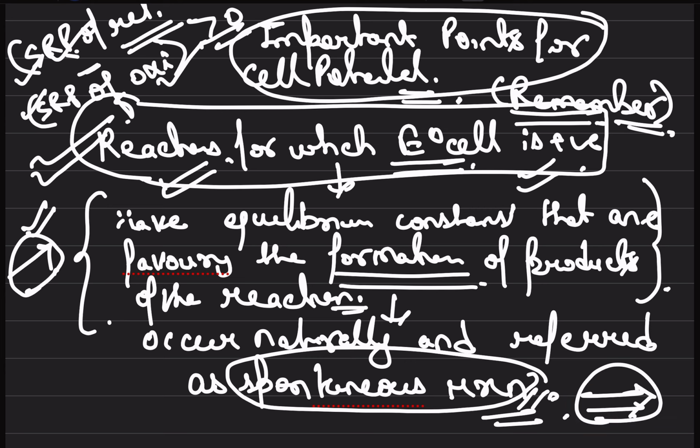If the reaction is carried in the forward direction with less activation energy, then we say this is a spontaneous reaction. If more energy has to be given to the system to move forward, that is a less spontaneous or non-spontaneous reaction. This is the concept for E naught cell. If the standard reduction potential of the reduced substance is greater than the other, it is good for product formation, since the reaction shifts forward. If it is less, the reaction shifts in the backward direction, and if it is zero, the reaction is in equilibrium.